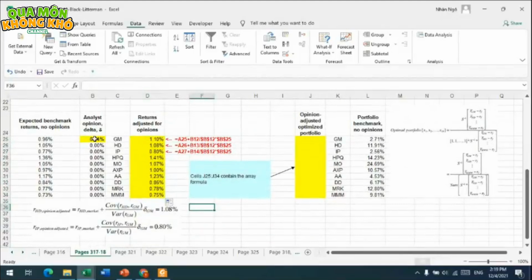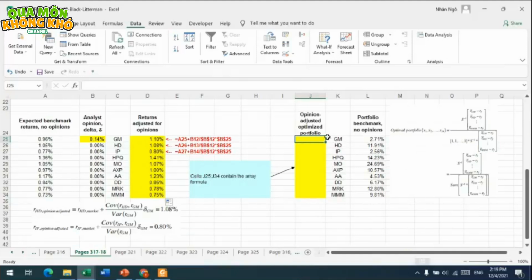So you see that with only one opinion on the GM asset, this opinion will change all the other returns of the other assets. Here you can see that it changed from the market return to the with-opinions return. So to calculate the adjusted optimized portfolio, we apply this formula.